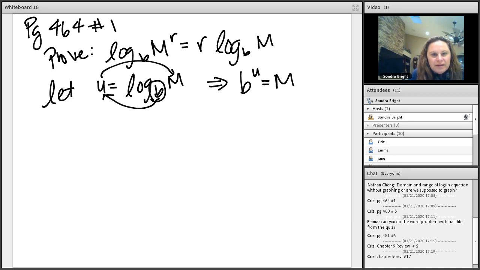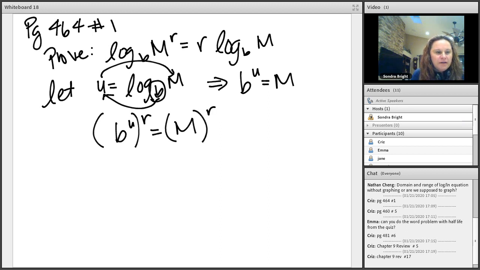All right, so I'm going to let u equal the log base b of m. That's how we started the other one in the notes too. Go around the world, you'll get b to the u is equal to m. If I take both sides and raise it to the power of r, then I'm going to have b to the ur is equal to m to the power of r.